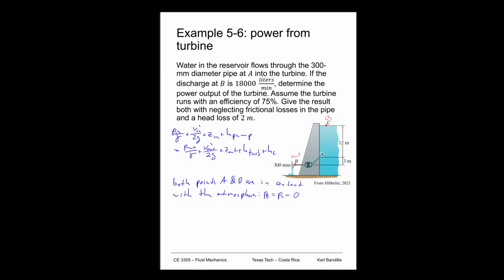Then let's think about the datum. Right, we can do a datum that goes straight through the system here. So that means datum, not data, different thing. Datum through center line of turbine.